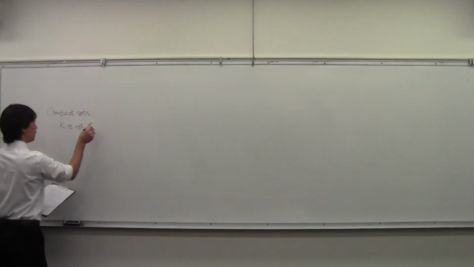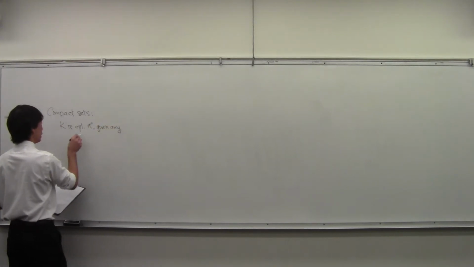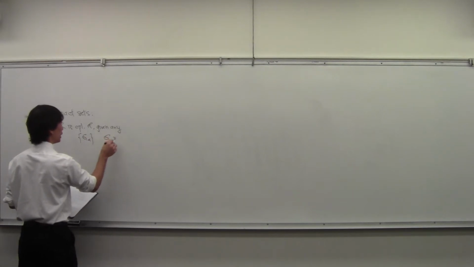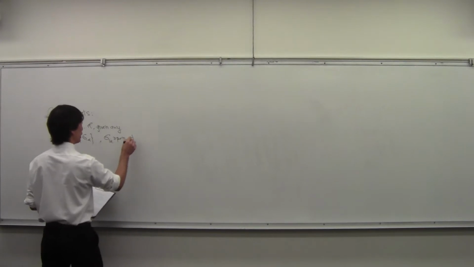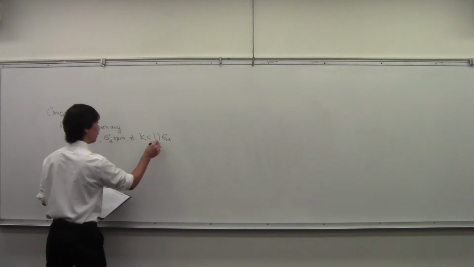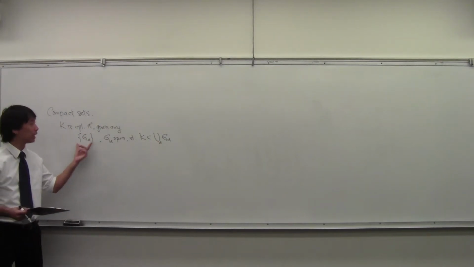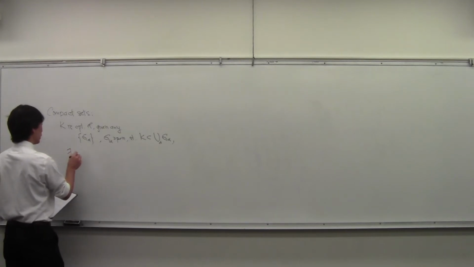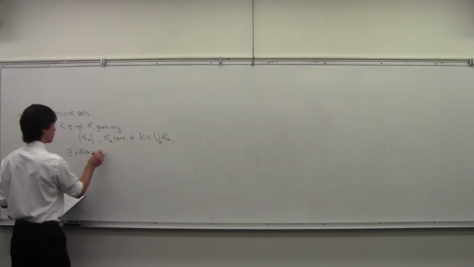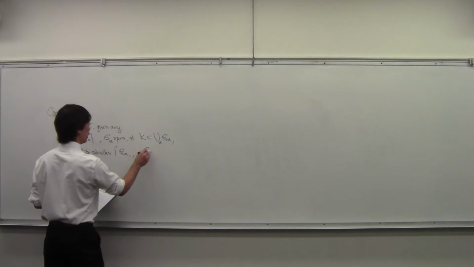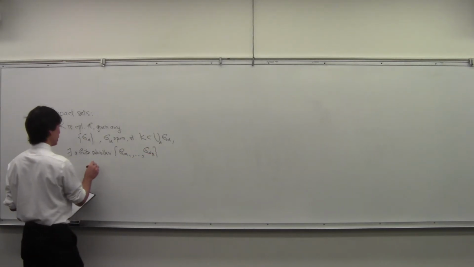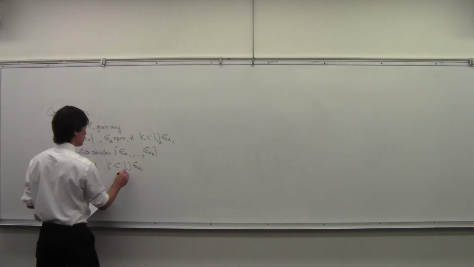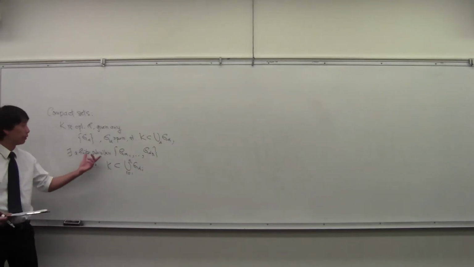So compactness, right? A set K is compact if, given any collection of sets G alpha, where the G alpha are open sets, such that K is contained in the union of the G alpha, that is, given any collection of open sets whose union covers the set, there exists a finite subcollection, G alpha 1 through G alpha n, say, such that K is contained in the union of that subcollection.